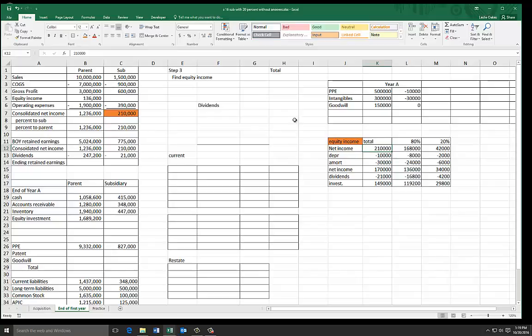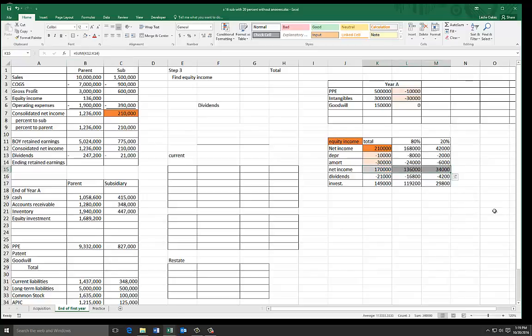And I put that here. I subtracted the 10,000 and the 13,000. 10,000, 30,000. Those are right here. So I got 170,000 for net income. And I want to stress that this is net income.